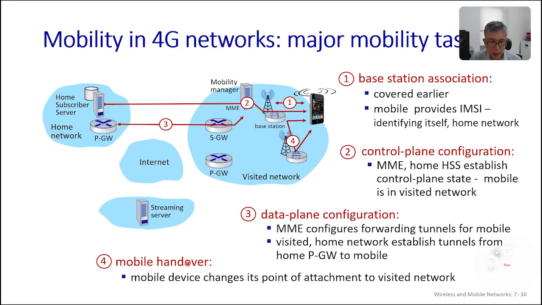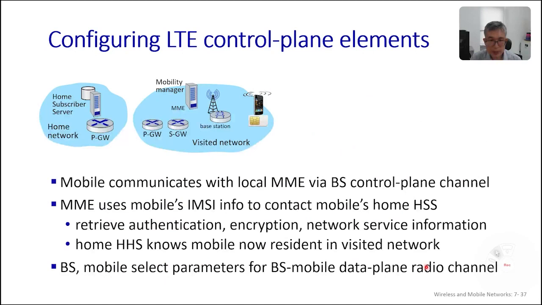And the mobile handover: this device moves to another base station, and then the S gateway also makes a new GTP tunnel. The previous GTP tunnel from the S gateway to the old base station is terminated. When a mobile device changes its point of attachment to the visited network, it is called handover.